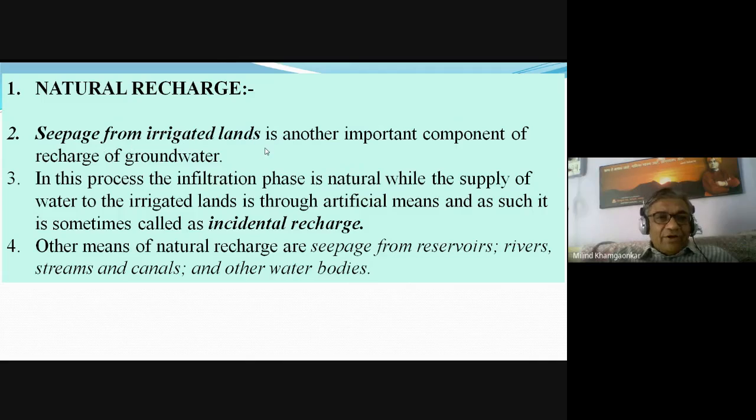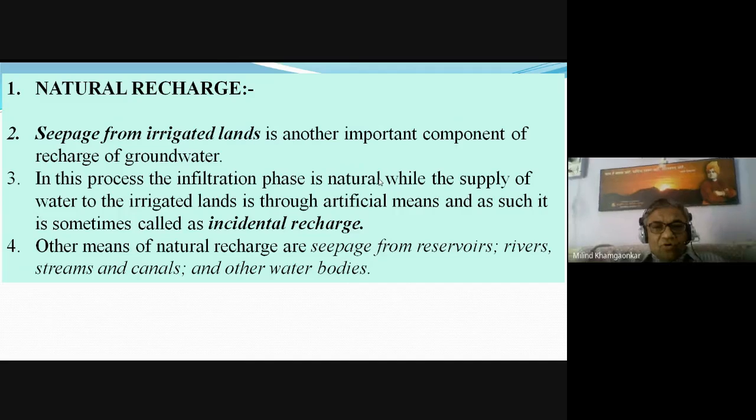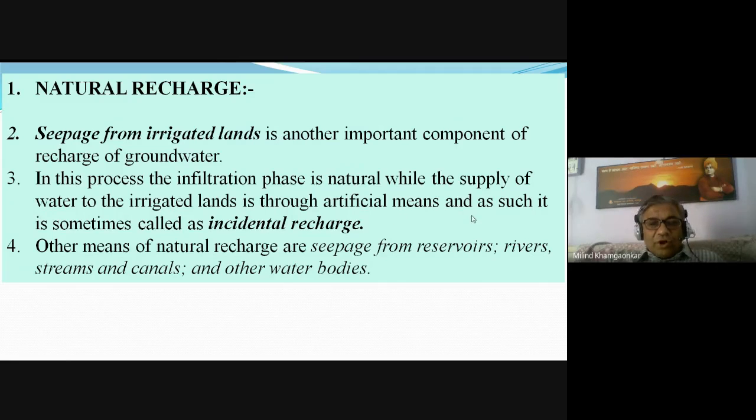This type of recharge is called the incidental recharge, in which the infiltration process is a natural process. Only the supply of water is not by rainfall or precipitation, but it is the irrigation water through the soil.